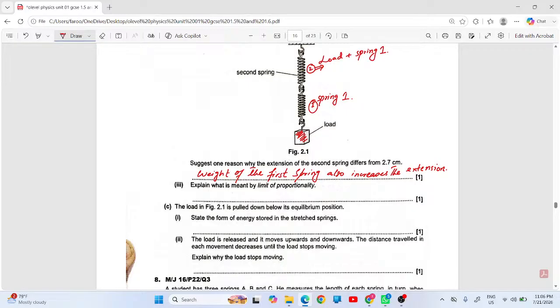It is the point beyond which the extension is not directly proportional to the load.